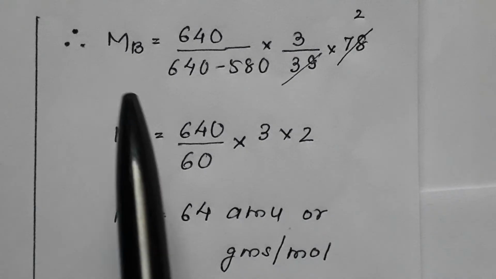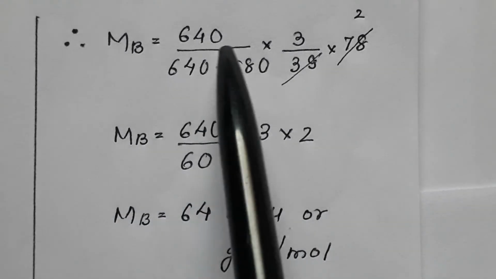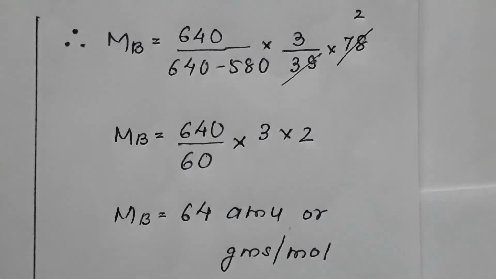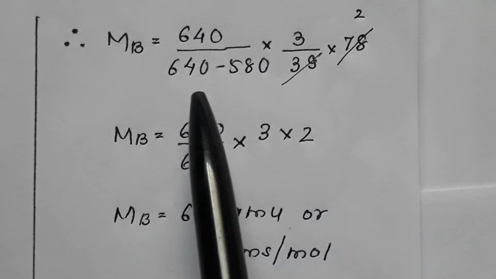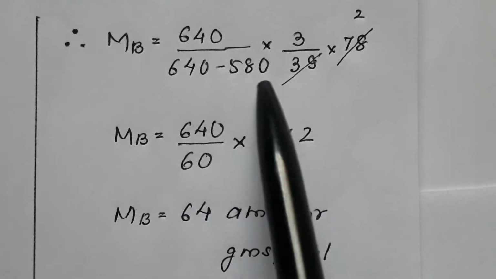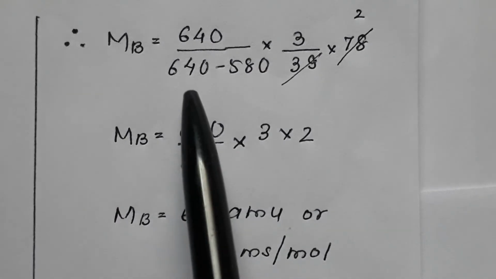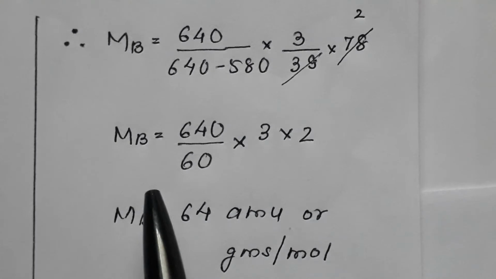Therefore, to calculate MB: it is equal to the vapor pressure of pure solvent, which is 640 as given, upon 640 minus the vapor pressure of solution, which is 580.